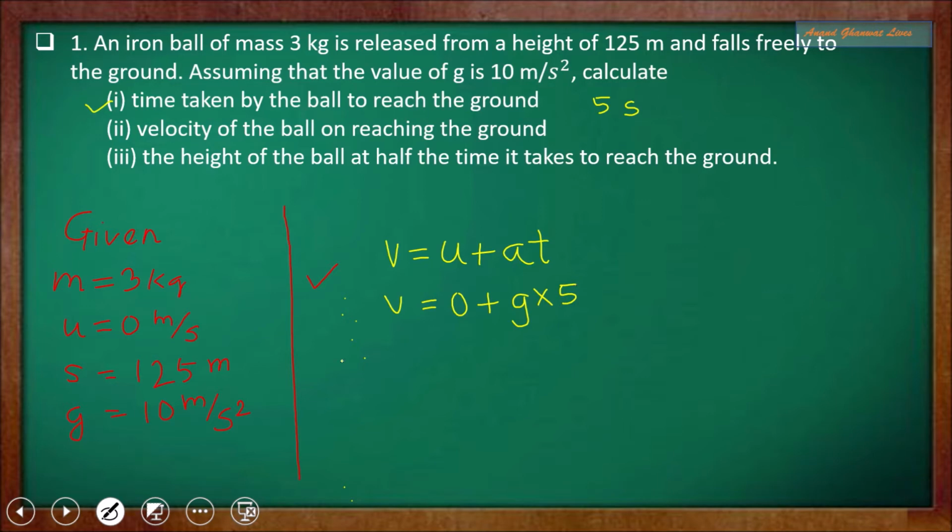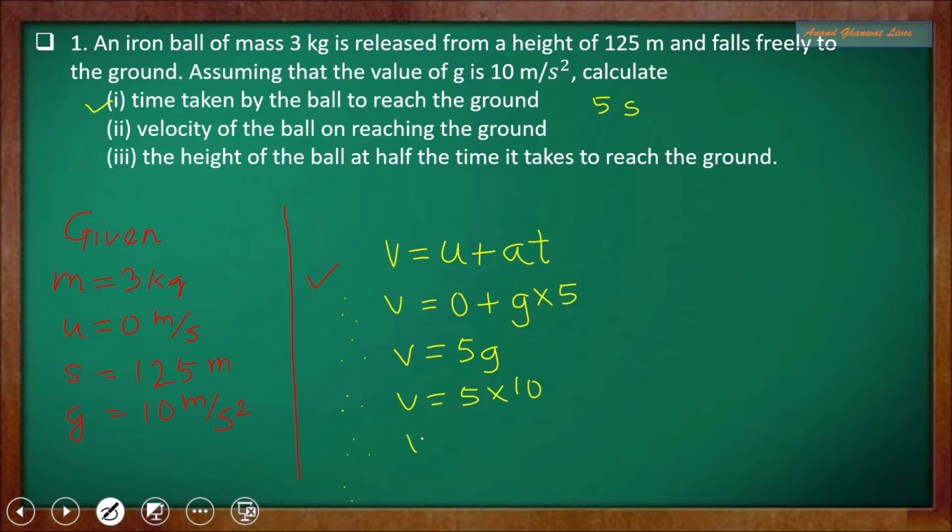Therefore v is equal to 0 plus 5g. Therefore v is equal to 5 into the value of g, that is 10.